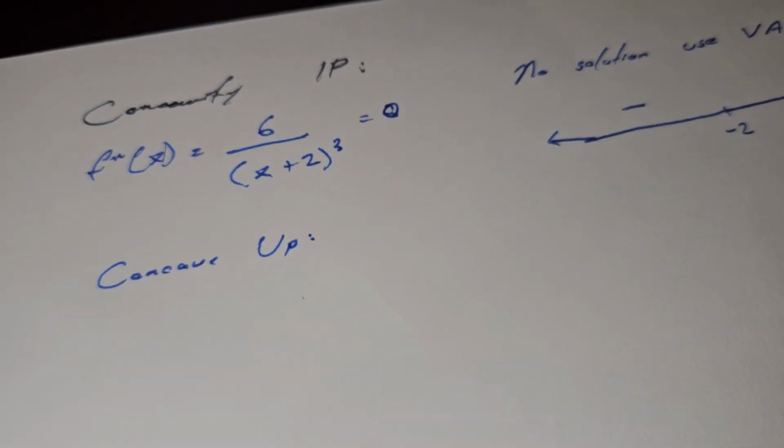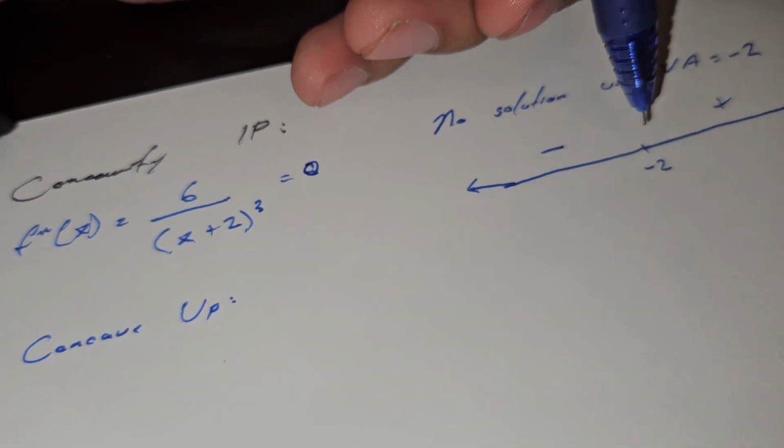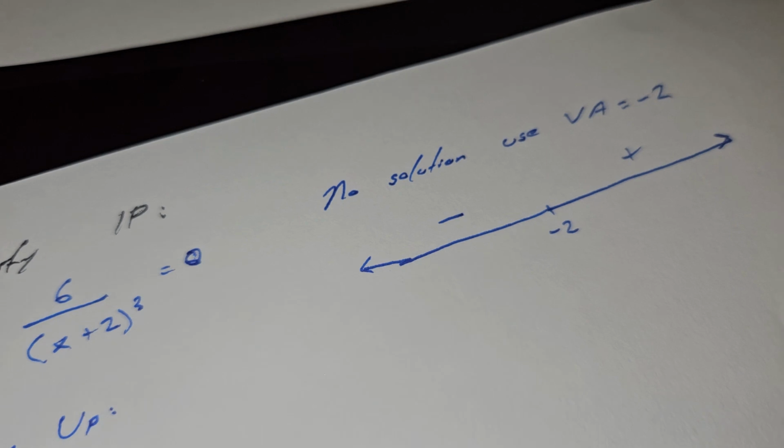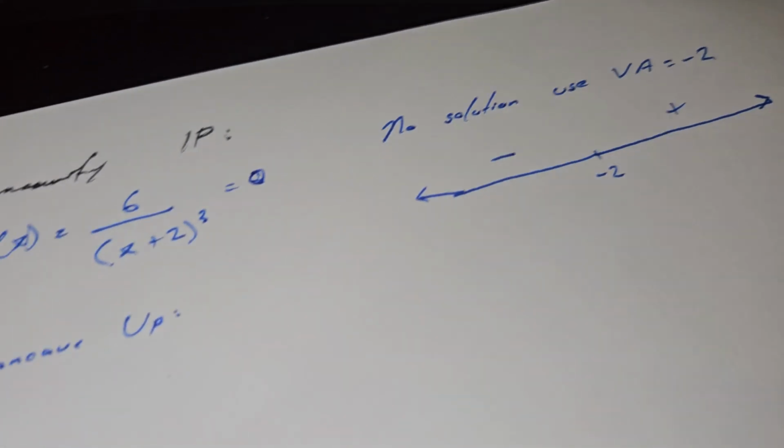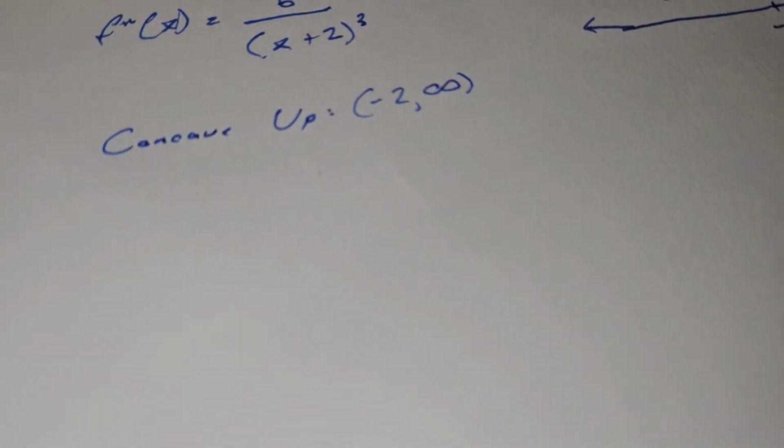It's concave up from negative 2 all the way to positive infinity, because that is where the second derivative is positive. Now let's see where it's concave down.